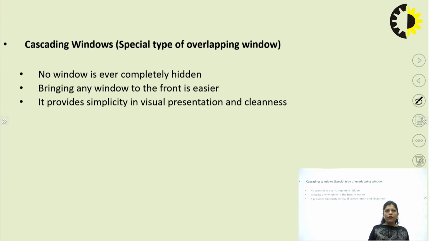Next is cascading window. Cascading windows are a special type of overlapping window. The concept behind cascading windows is the same as the concept behind overlapping windows, but no window is ever completely hidden. The main difference is that in overlapping windows, some windows are completely hidden, but in cascading windows, every window is partially shown to the user.